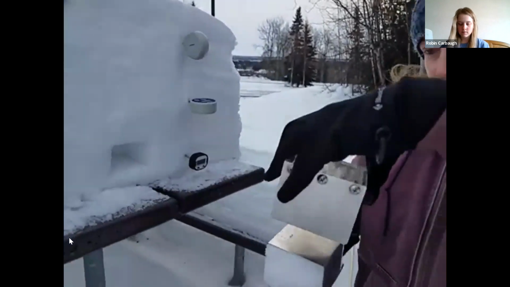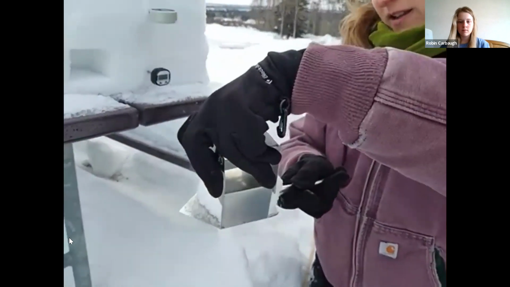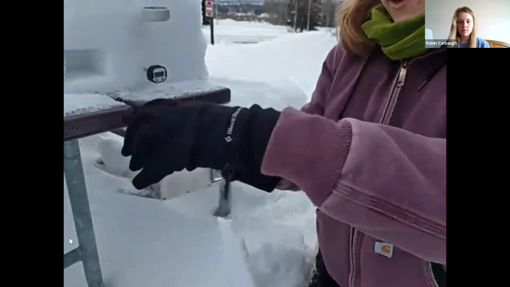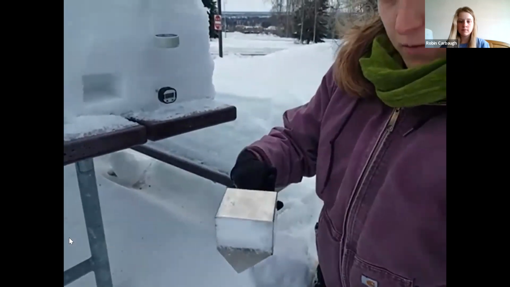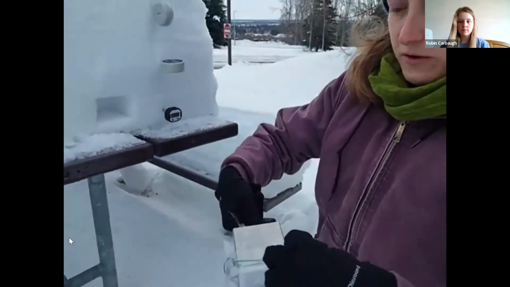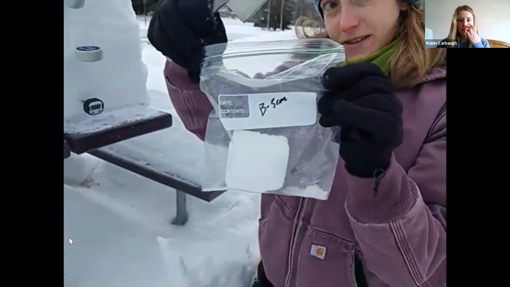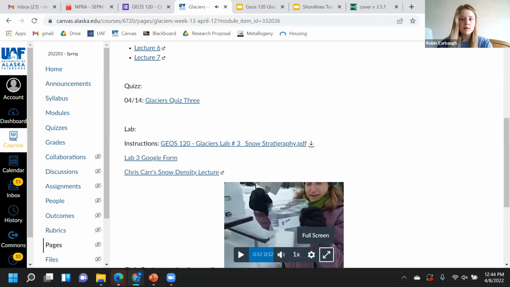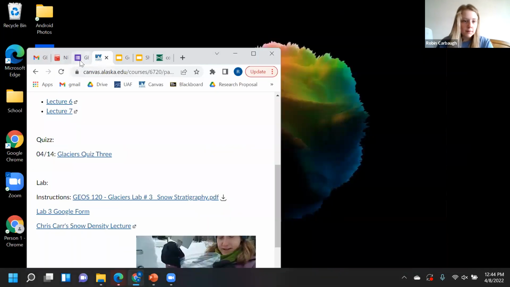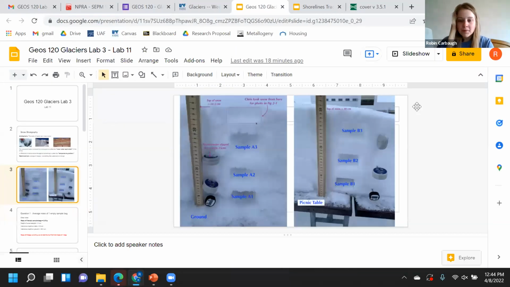And then I use this tool to cut it exactly, get off any extras. Now I have a perfect little box of snow that I dump into my sample bag. Okay. So simple enough.